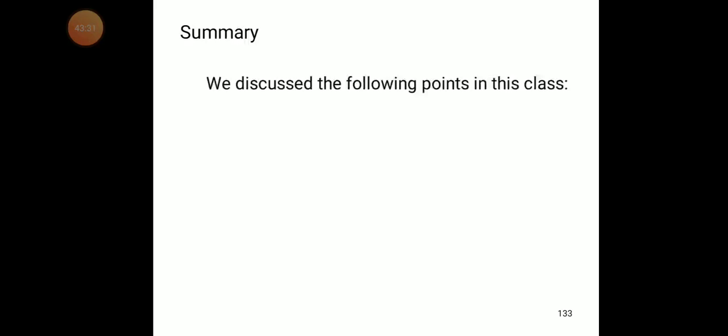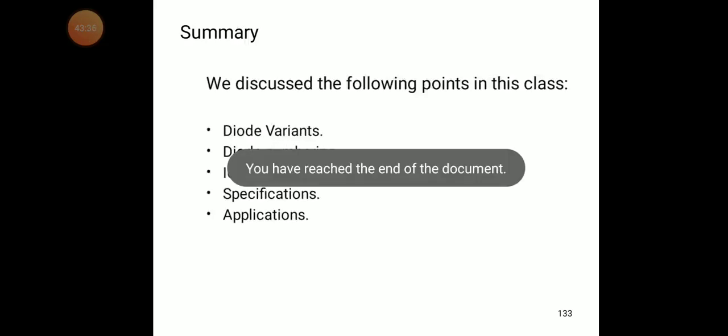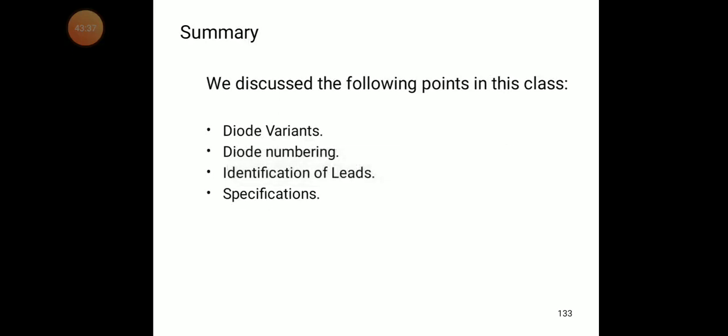Now we discuss what we covered in the previous session. In this session, we discussed the diode variants, diode numbering, identification of leads, specifications, and applications. Let us summarize this 1 hour class.